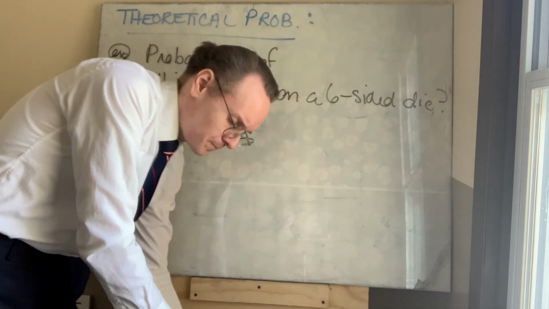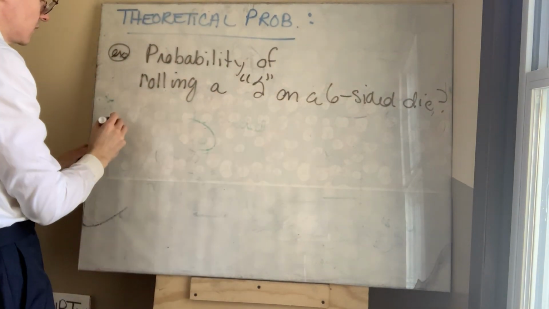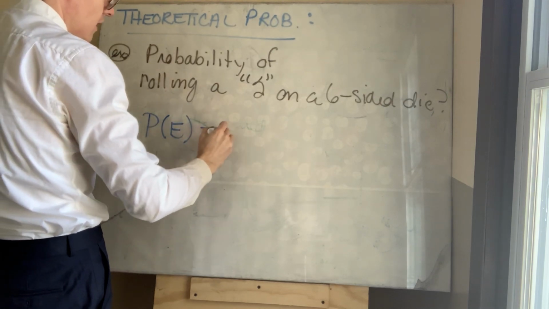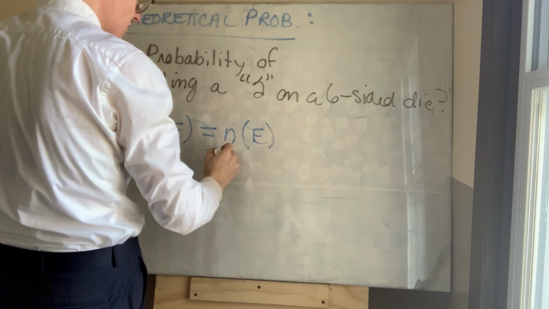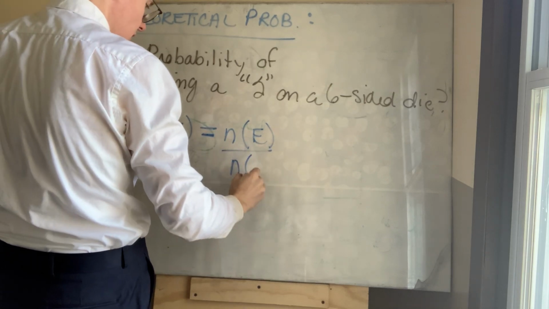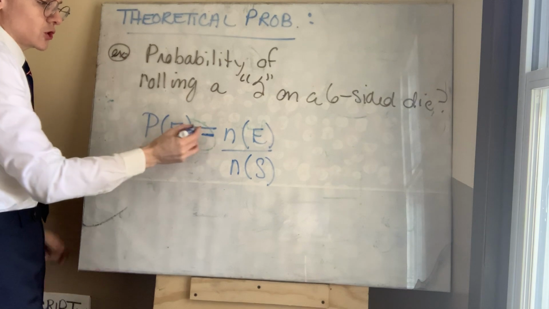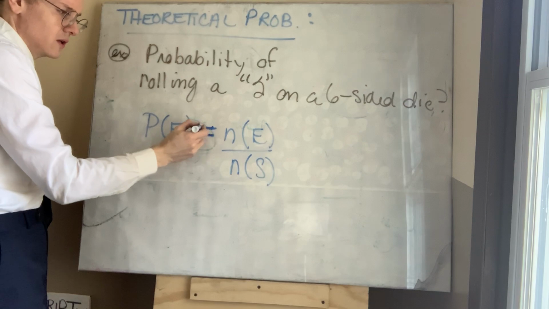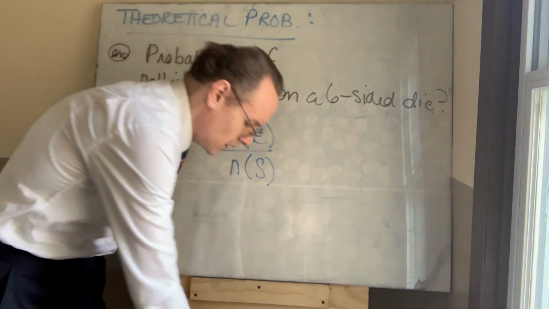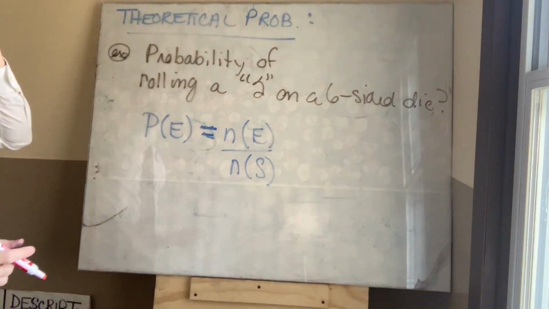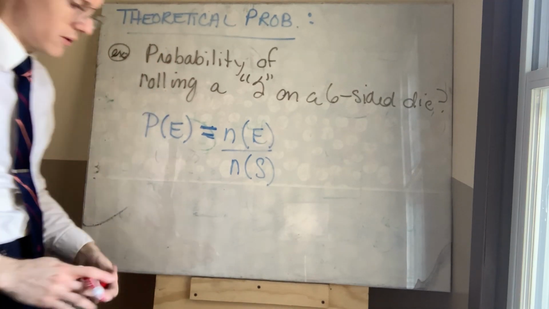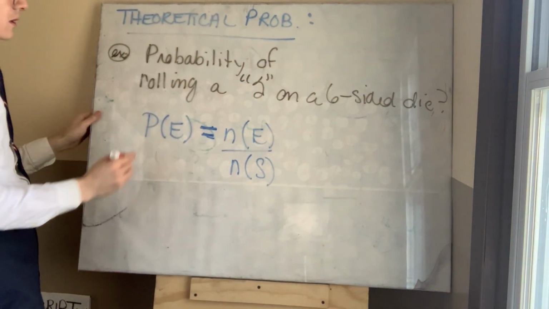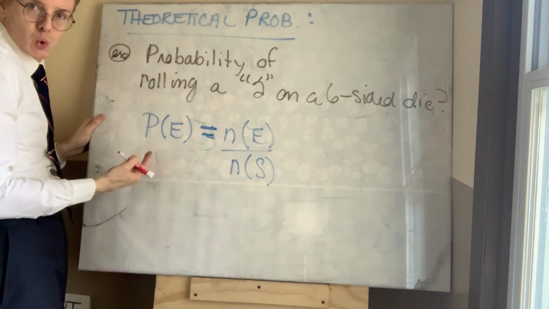Start with the formula. Here's our general formula, and we will tweak this. You don't have to really go crazy, but I think it is a good habit to try to assimilate whatever the problem is uniquely to the formula. If we are trying to calculate the theoretical probability, without actually rolling a die, I would write it in shorthand like this.